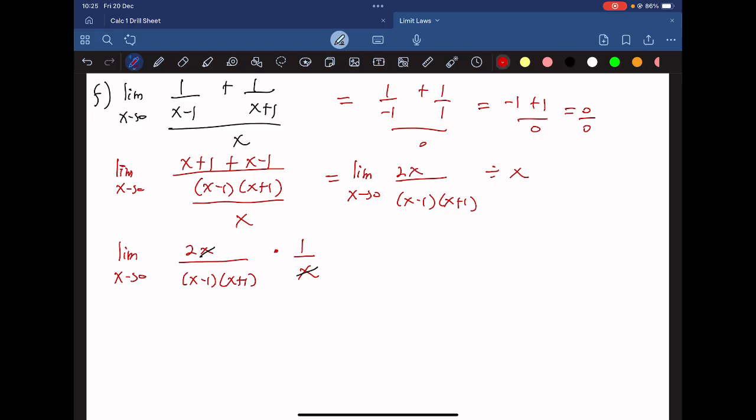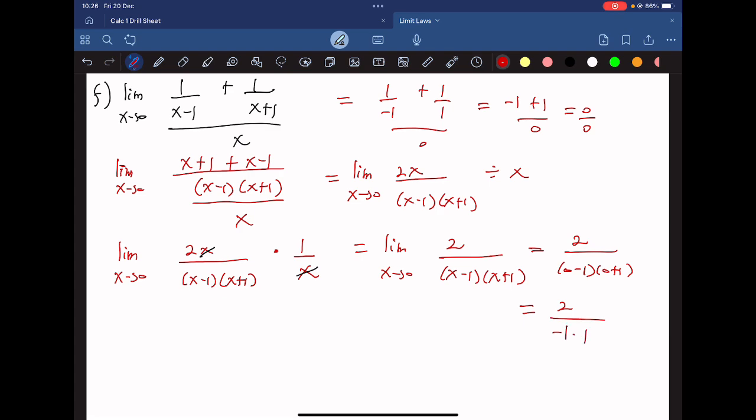So all that you have left is limit as x approaches 0 of 2, then x minus 1, x plus 1. So now let's put in the 0. If we do that, we have 2 out of 0 minus 1, 0 plus 1, which is 2 out of negative 1 multiplying this. So this is just negative 2.